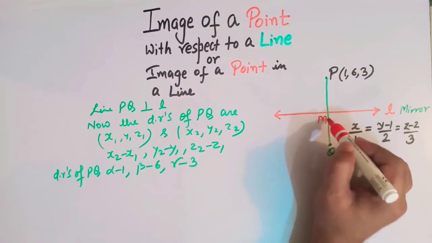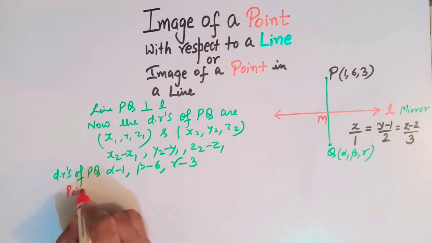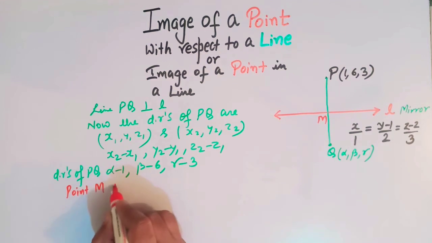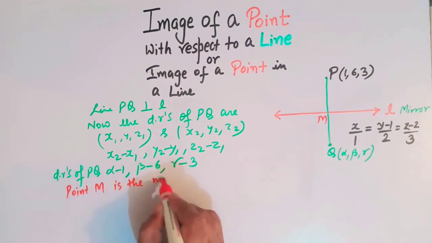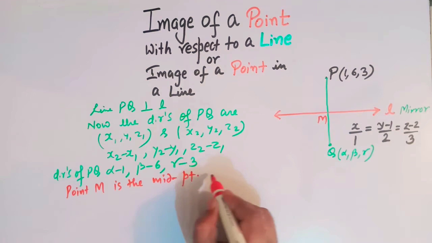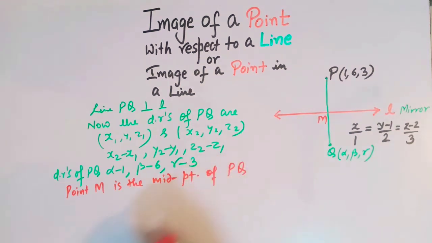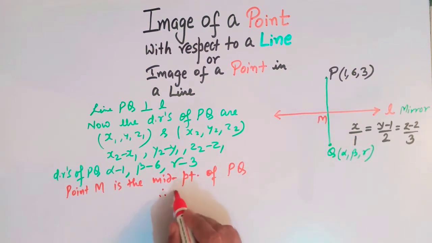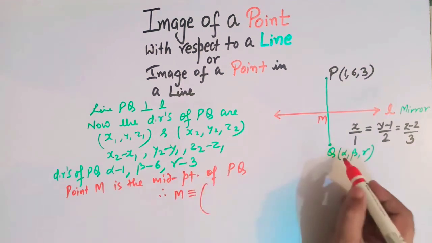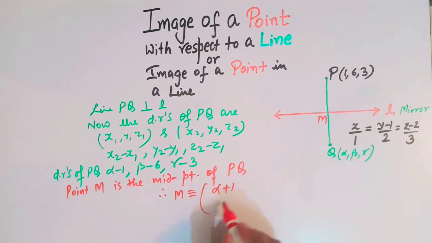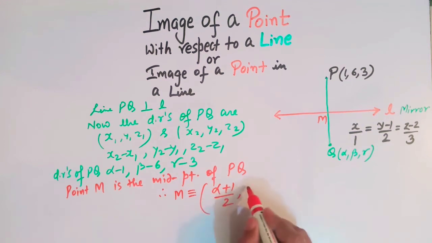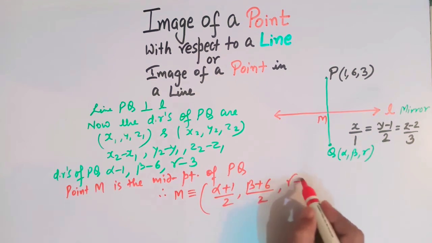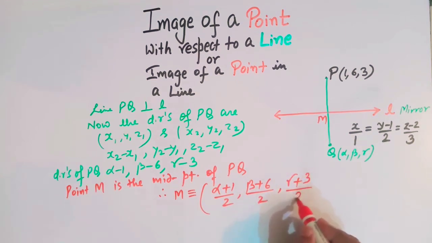Now we will make use of the fact that this point M is the midpoint of PQ, right? So therefore the coordinates of the point M are given by alpha plus 1 by 2, beta plus 6 by 2 and gamma plus 3 by 2, right?